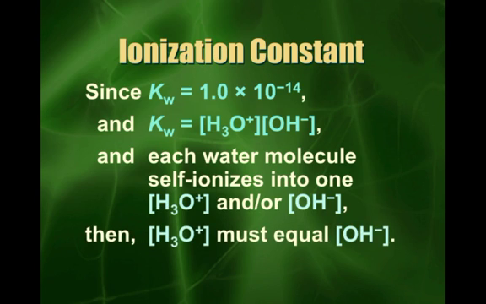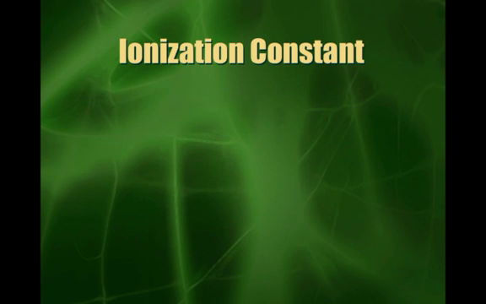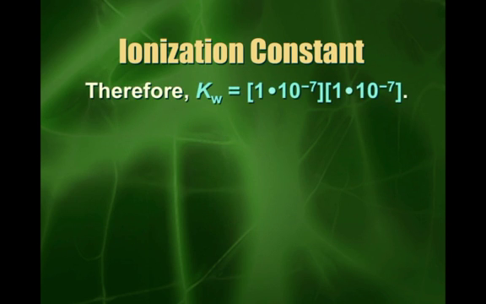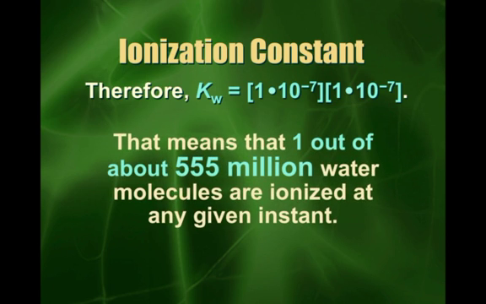So what this means is these two pieces must be equal. The values must be equal in just standard water. So this is where I get this equation, and you also can see them working this out on the bottom of page 402. Since they're equal, they are equal to 1 times 10 to the negative 7th times 1 times 10 to the negative 7th.